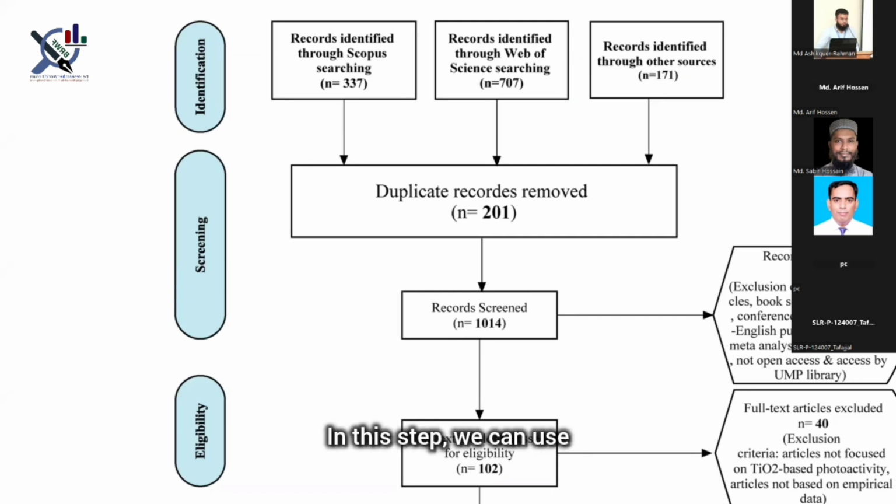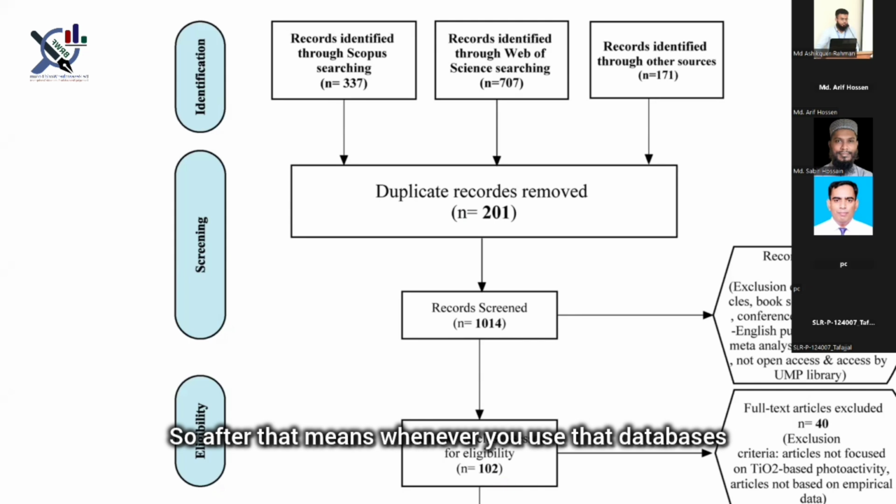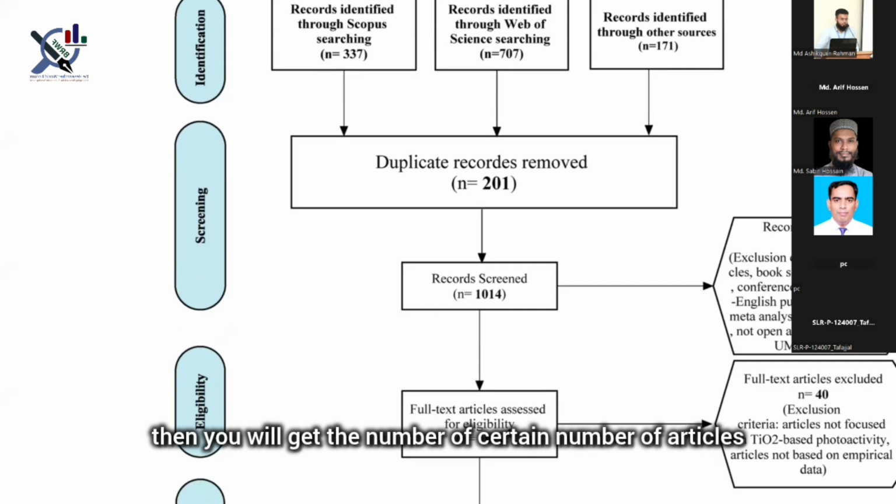In this step, as I mentioned, we can use different kinds of databases. In this article, Scopus is one of the databases, Web of Science is also a database, and there are others. Whenever you use those databases, you search the papers using your keywords, and you will get a certain number of articles.